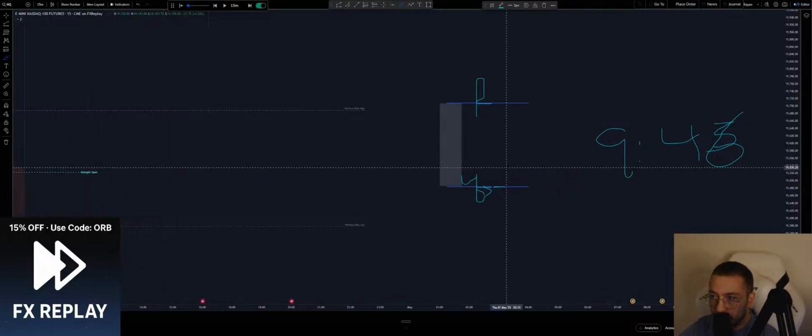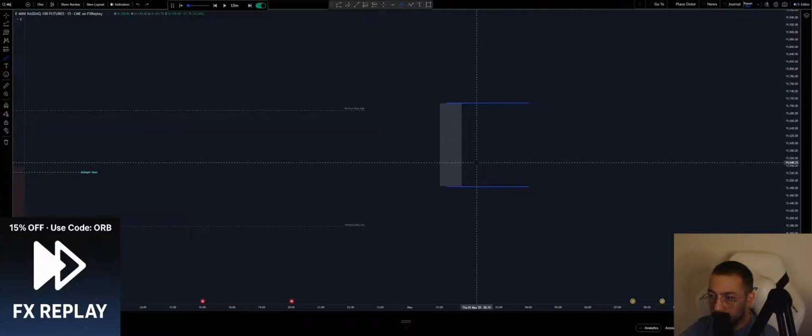Let's say the price breaks below the range. Your stop is gonna be at the candle before this candle that closed below. So for example, there's a candle here and there's a candle here. Your stop is going to be at the high of this candle.